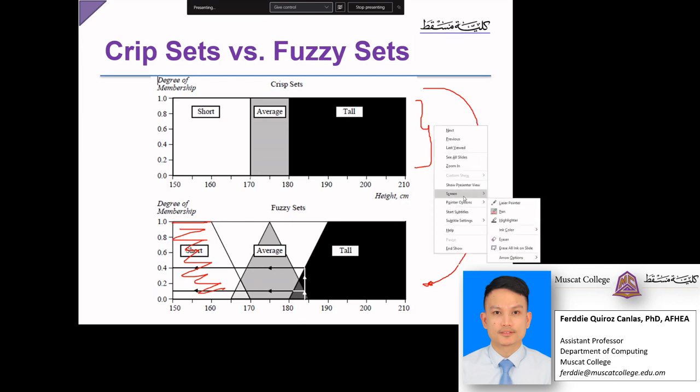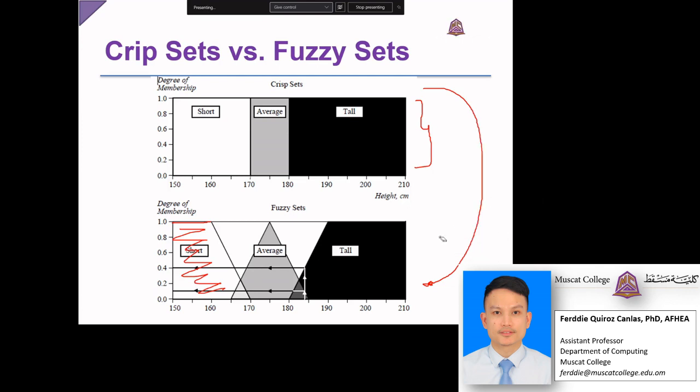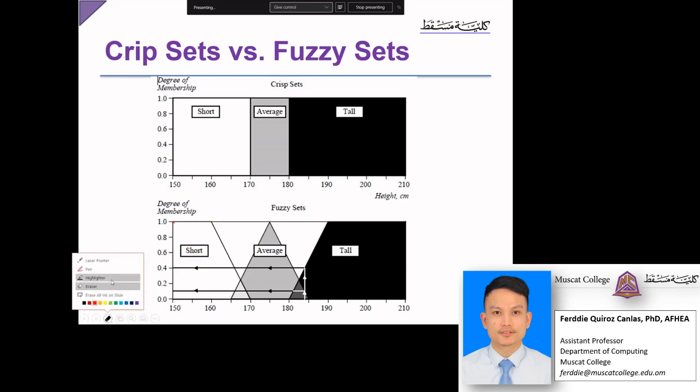Now look at this. Let me emphasize one thing here, but I want you to notice it. If you will notice in this example, there is overlapping here, right? Have you noticed this overlapping here? Correct?